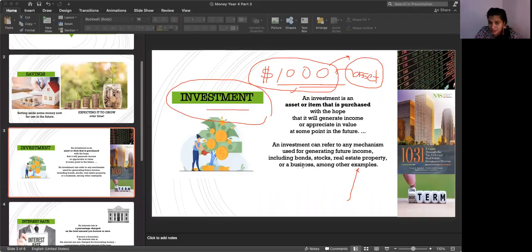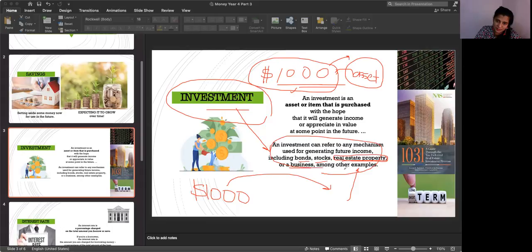And where do you invest it? There are so many places to invest your money, such as bonds, stocks, and real estate property. This means houses, shop houses, condominiums, or businesses, which are just some examples of investment. What literally happens in an investment is, assuming you have $1,000, over a certain time you invest this money in any of these investments, and you hope that this money grows or becomes more.